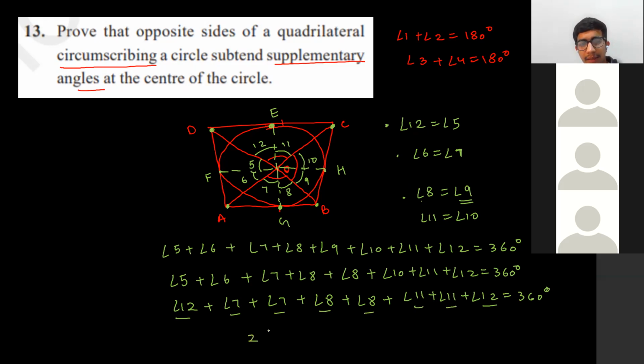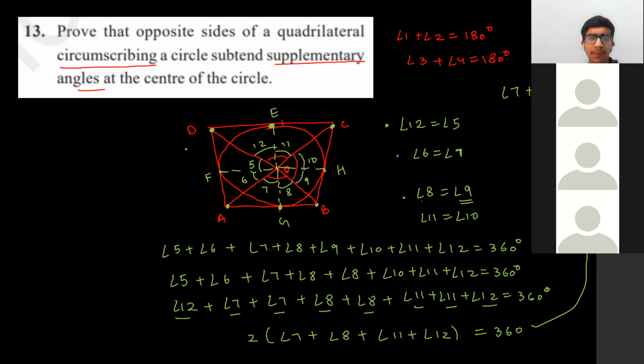Therefore 2 times (angle 7 plus angle 8 plus angle 11 plus angle 12) is equal to 360 degrees, right? Therefore, angle 7 plus angle 8 plus angle 11 plus angle 12 is equal to 180 degrees.